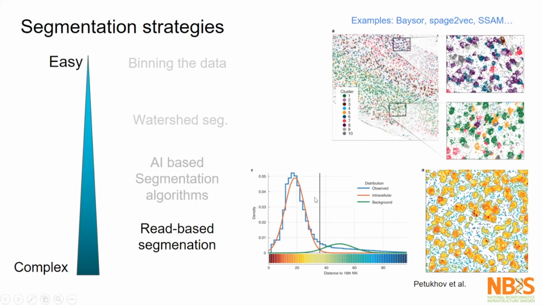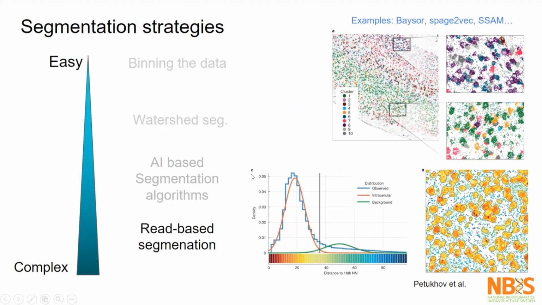figure is extracted from the Baysor manuscript, and Baysor is a method that actually relies mostly on the gene density in your tissue but also on the different cellular composition to segment individual cells.